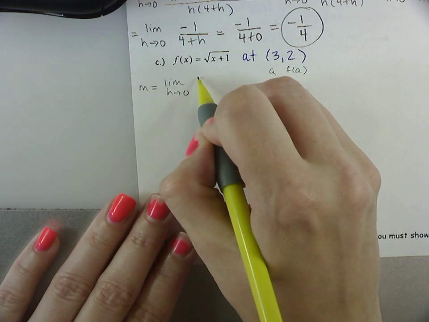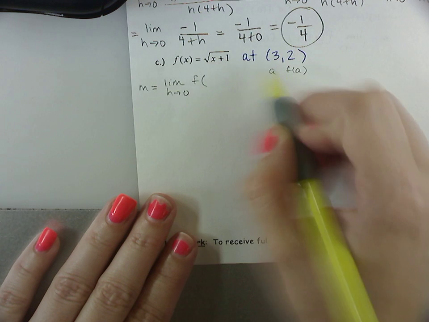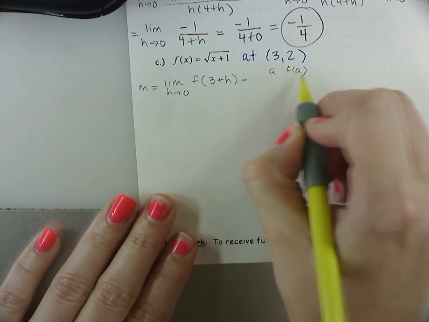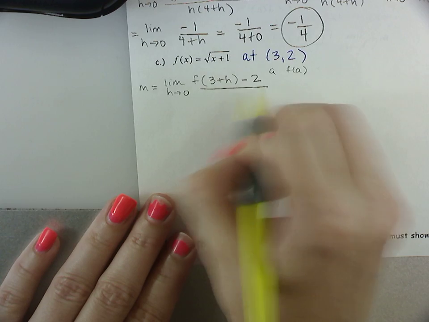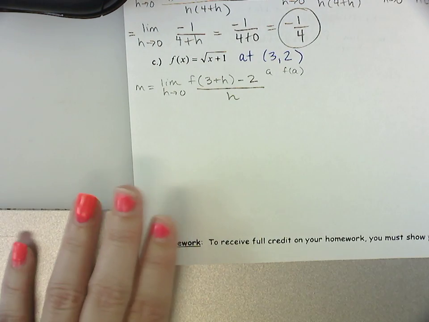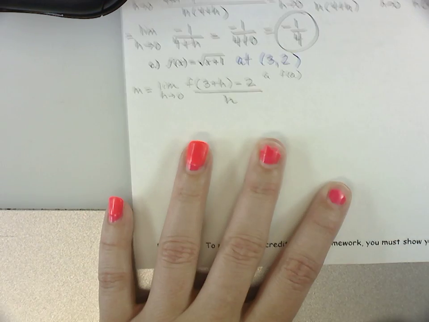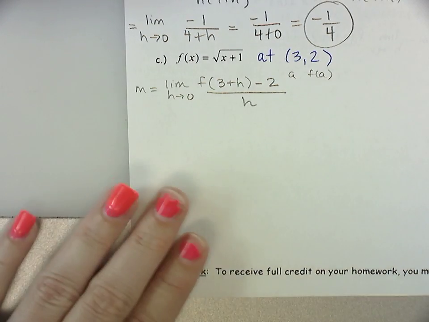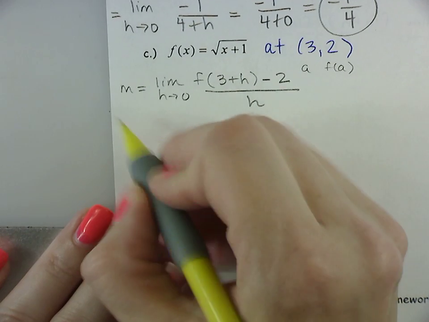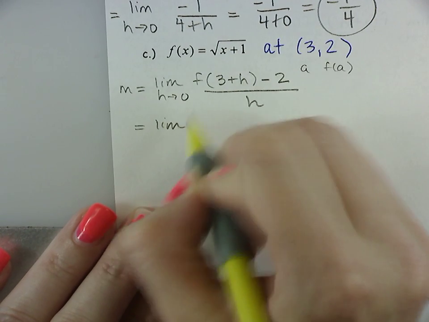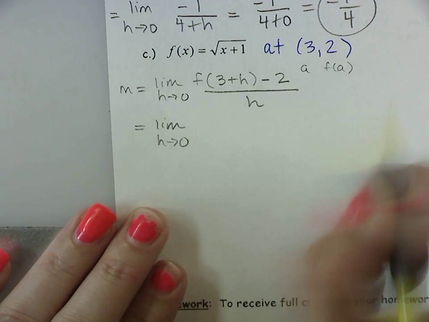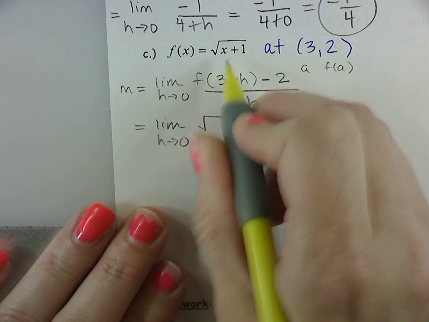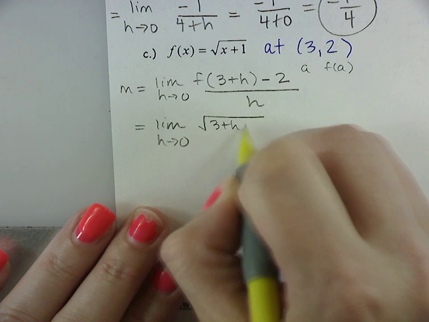This will be the limit as h goes to 0 of f of a plus h, which is 3 plus h, minus f of a, which is 2, over our h value. Are you guys starting to get pretty comfortable with the substitution here? Yep. So all you're going to do is replace 3 plus h into your original equation.